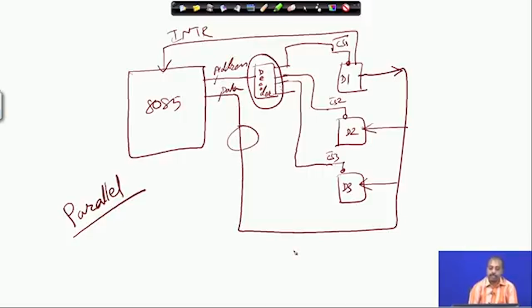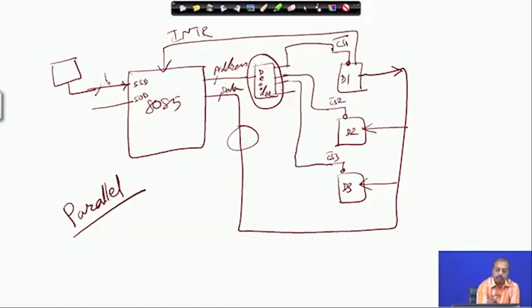Instead of that, in the 8085 there is another facility, which is the serial input. The SID and SOD pins are there. Anything that you want to input from a device, you can connect to the SID, the serial input data, so it can read data from the device serially, 1 bit at a time.